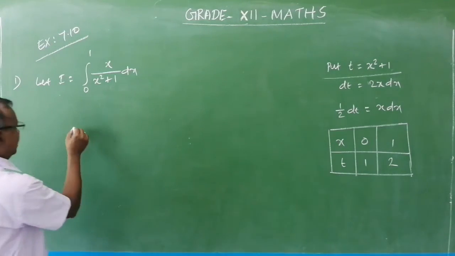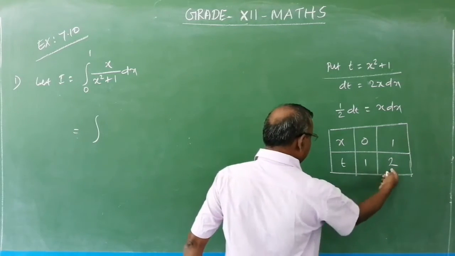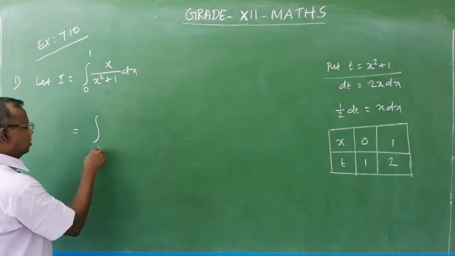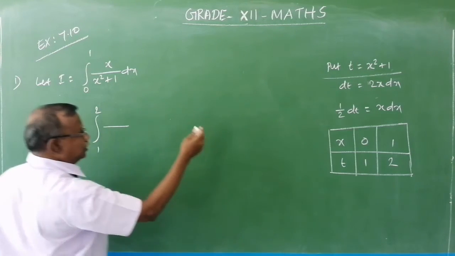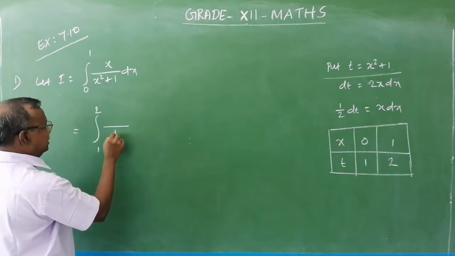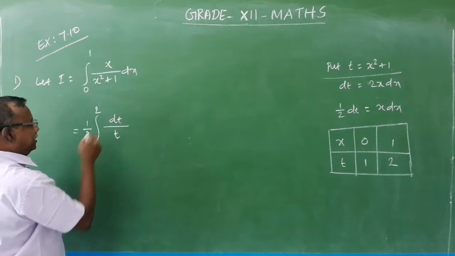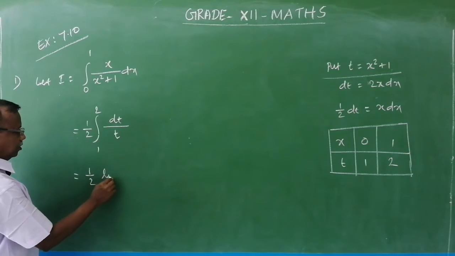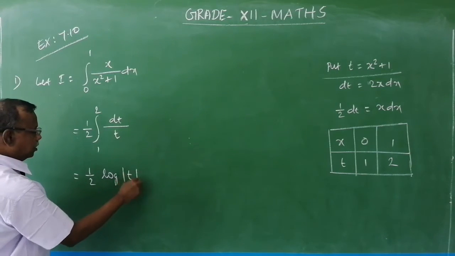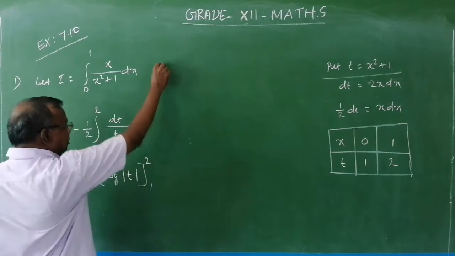Now this I becomes integral, instead of 0 and 1 we have to write 1 to 2. So this is 1 to 2, and the denominator is t. So x square plus 1 is t and x dx becomes 1 by 2 into dt. Now it is 1 by 2 into log of modulus of t within the limit 1 to 2.